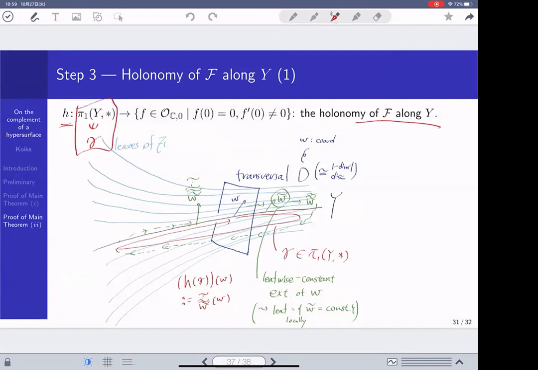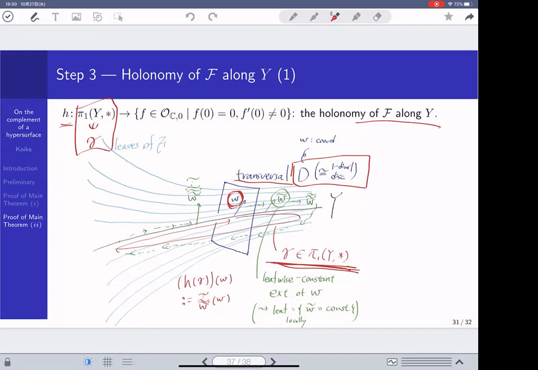Gamma can be represented by a loop of Y. Take a transversal D, which is an embedded one-dimensional disk which transversally intersects Y at a base point. And also fix a coordinate W of the transversal D.